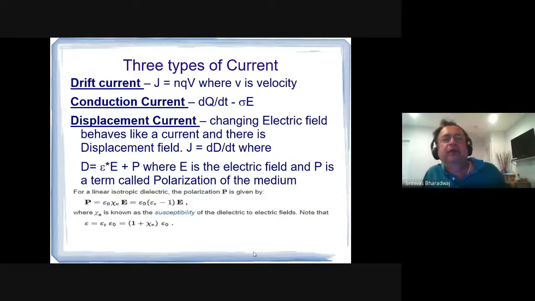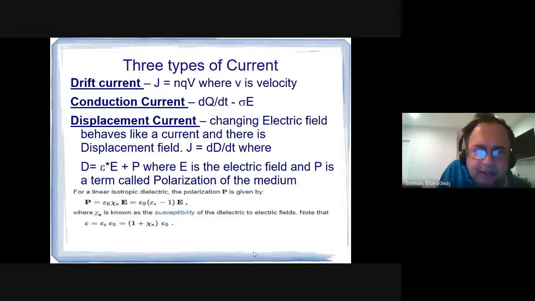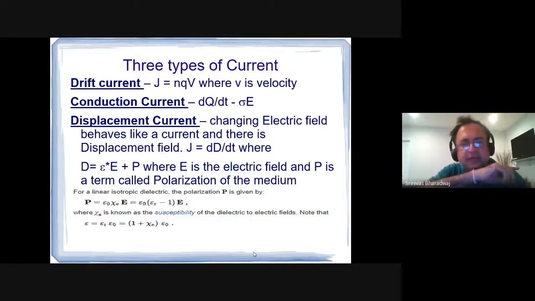Okay, so now three types of current. So far we have discussed that there are actually three types of current. Conduction current is when the electrons actually flow. You have a metal wire, conduction current happens, and the electrons actually flow. The second type of current is displacement current, which happens just when you switch on a capacitor, with the polarization inside the dielectric.